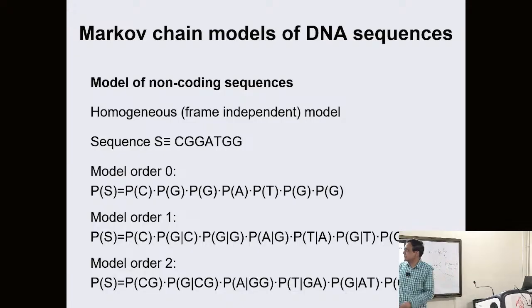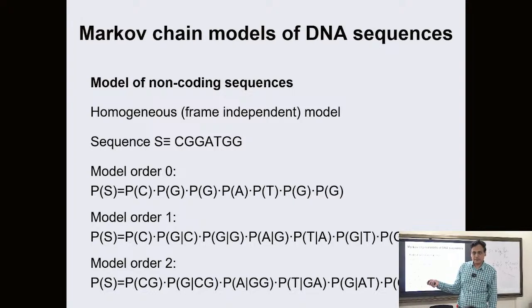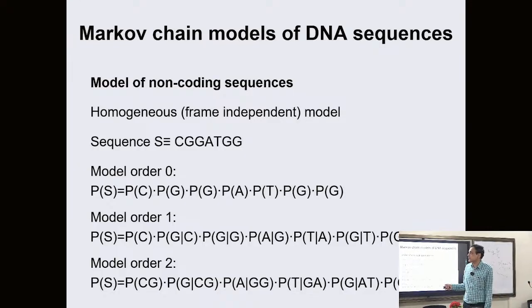So if each of these bases occurs independent of each other, then the probability of S is the probability of C multiplied by the probability of G multiplied by the probability of G, and so on. The last is the probability of G.